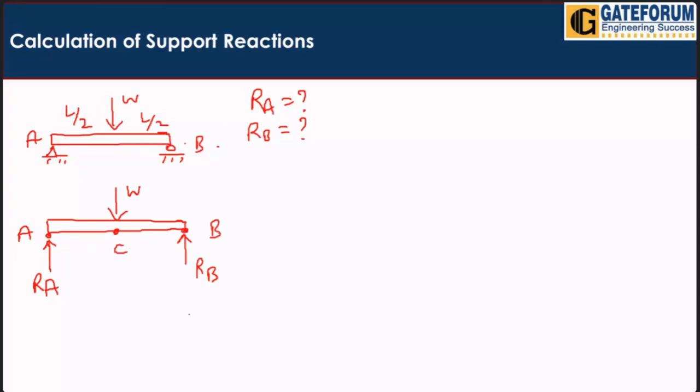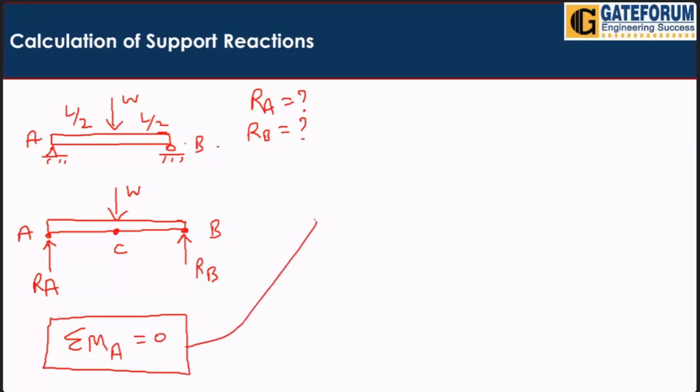First, summation of moment at any point, let's say point A, equal to 0. From here, I can write about point A: W multiplied by L by 2, taking clockwise as positive.